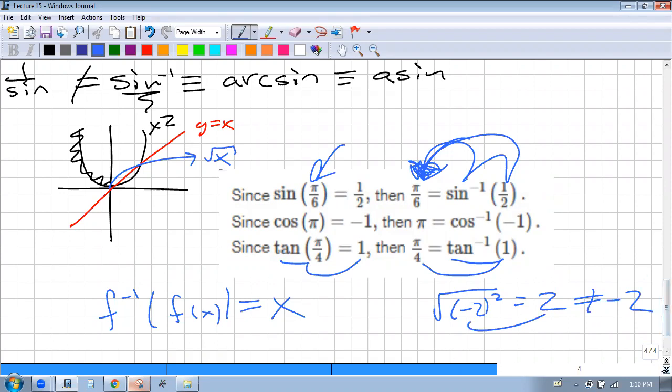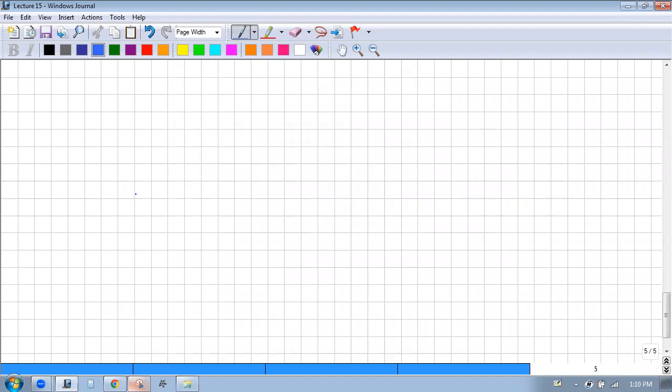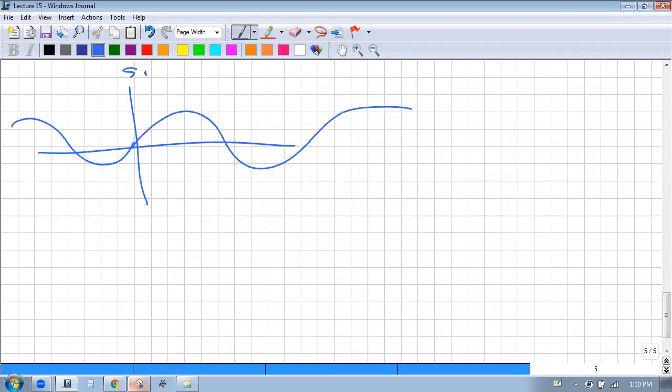So sine, what does sine look like? It looks like this, right? Here's sine. So let's say I give you this x value, right? That's not a very good one. Yeah, fine. Sine is going to be like, boom, that guy, right? But if I give this to sine inverse, it's going to be like, it could have come from here.